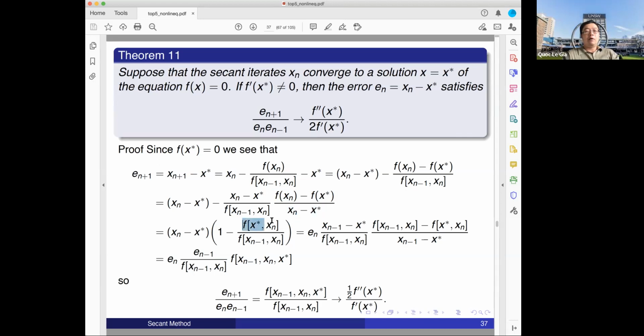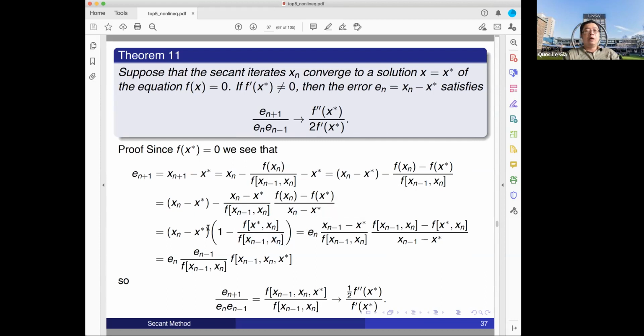So this is the divided difference of xn and x star. And then the denominator is still the same, still f of xn minus 1, xn.